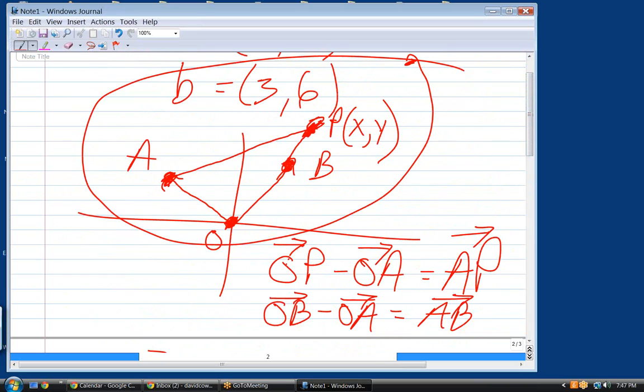In other words, I introduced the point P that had coordinates x comma y, and now I can figure out what OP minus OA is. It's just x minus that x coordinate, and y minus that y coordinate.